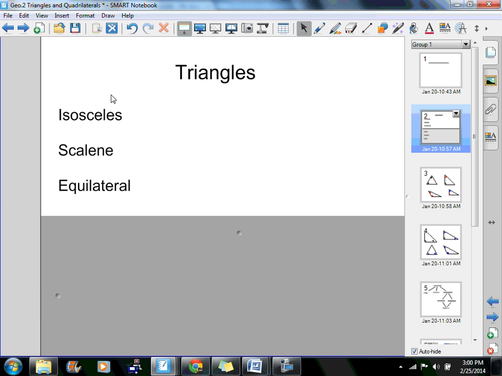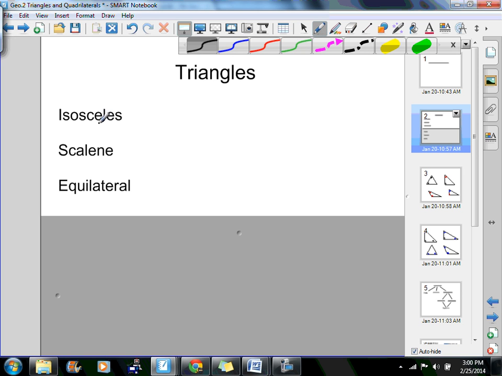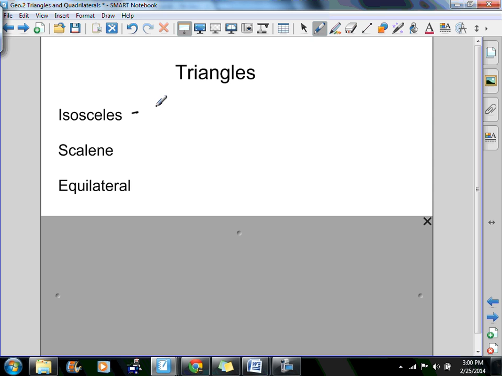So the first part is that there are two types of groupings for triangles. The first grouping has isosceles, scalene, and equilateral. Isosceles has two equal angles. And when we say the word angles for these, it also means sides. So two equal angles or two equal sides would be an isosceles triangle.